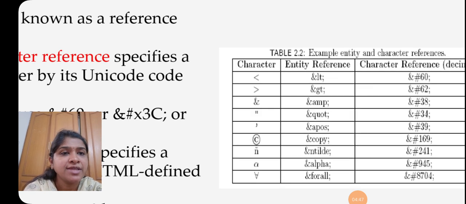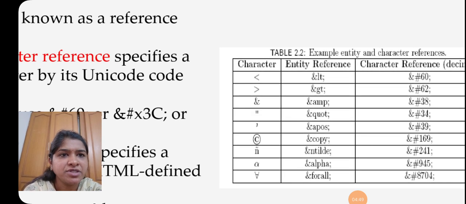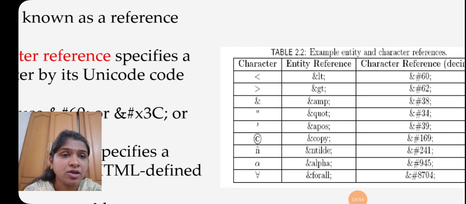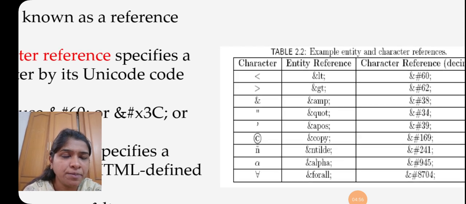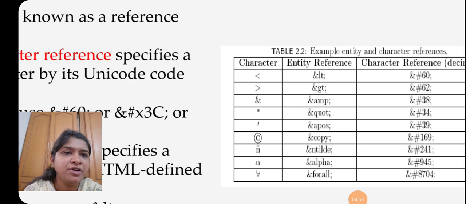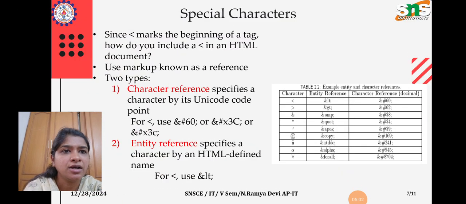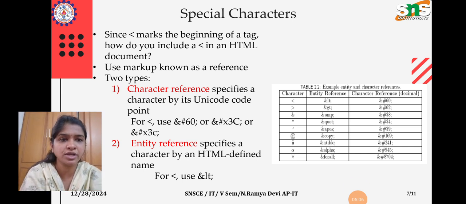The ampersand is ampersand amp, double quotes are ampersand quot, single quotes are ampersand apos, the copyright symbol is ampersand copy, and alpha is ampersand alpha. So for each character, we have an entity reference and a character reference for showing it in your HTML page.